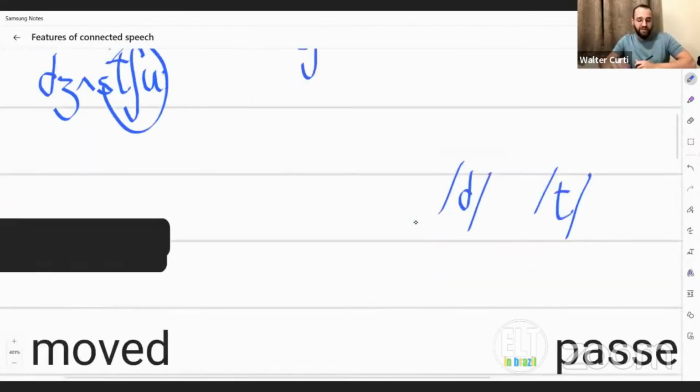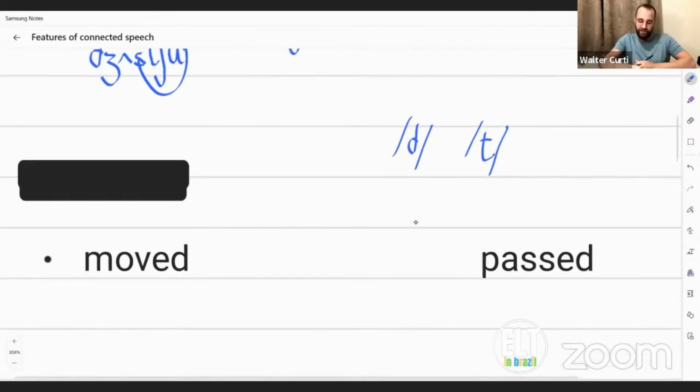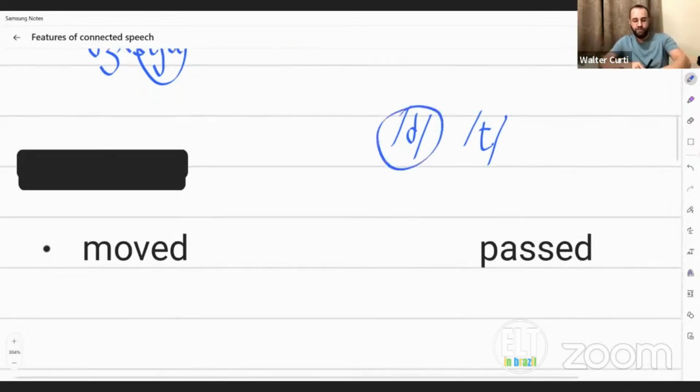But there is a rule for this, right? So let's take a look at these two past tense verbs. We have moved, and passed. So which one is pronounced with the D sound? Which one's with the T? So one more time, moved and passed.